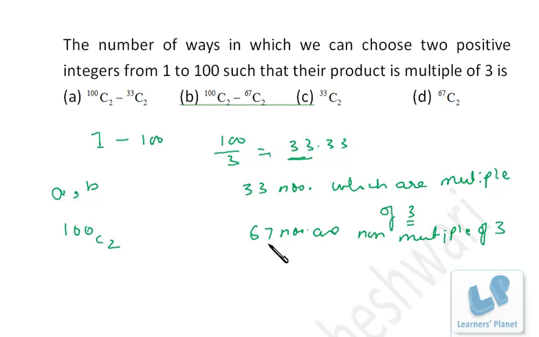In the remaining combinations, at least one number will be a multiple of 3. We cannot calculate it because the calculation is too big, so the answer will be in this form only, that is 100C2 minus 67C2. I hope you are clear.